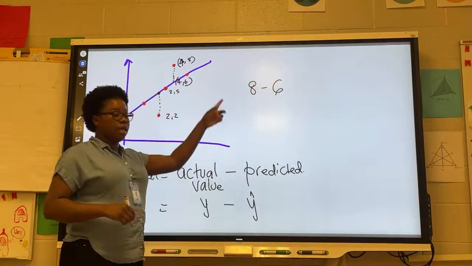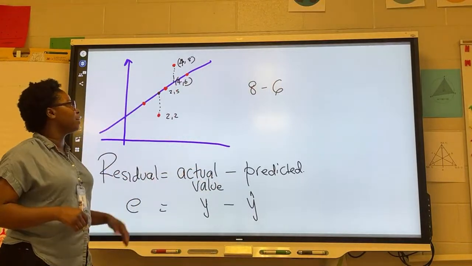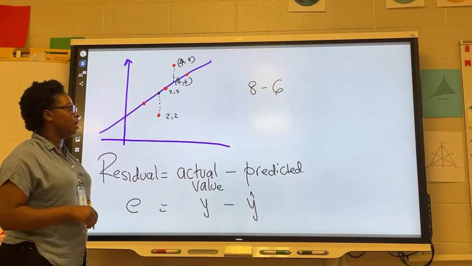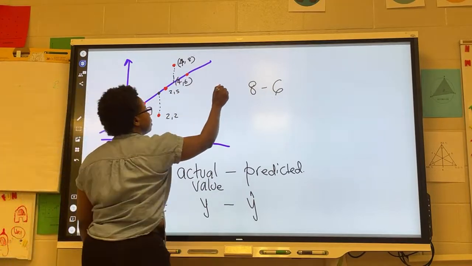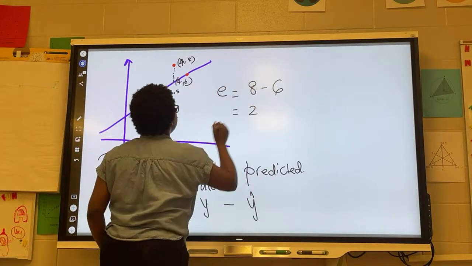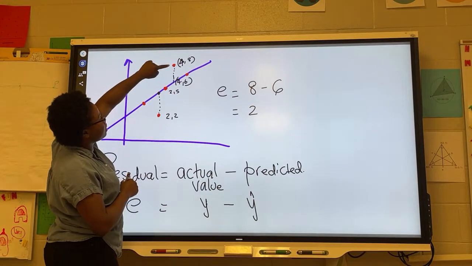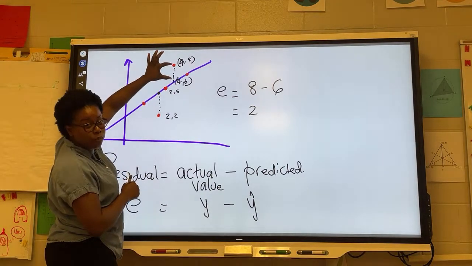The predicted number is 6, and that's what the model assumed it to be. And so the residual in this one would be 2. The difference between this point and the line is like 2 places.